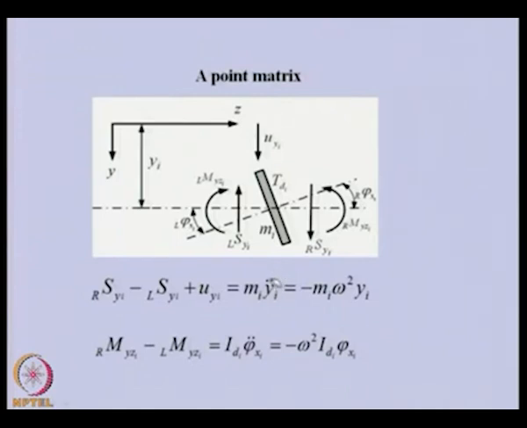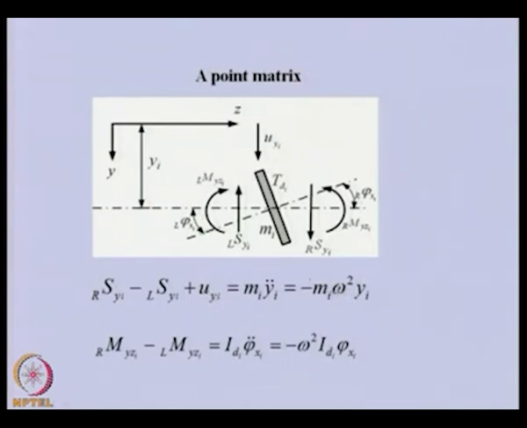And for harmonic motion, which will be there for free vibration or forced vibration, we can write this like this, where omega is the spin speed of the shaft. If we are dealing with free vibration, unbalance will not be there, and this frequency will be the natural frequency of the system.